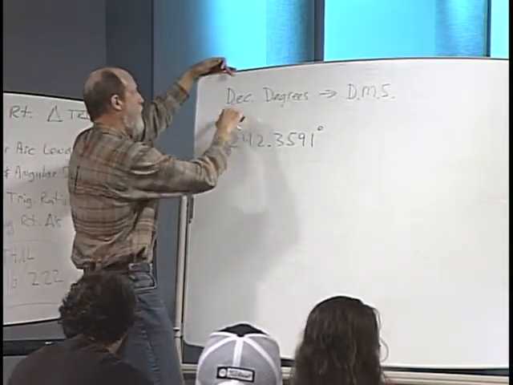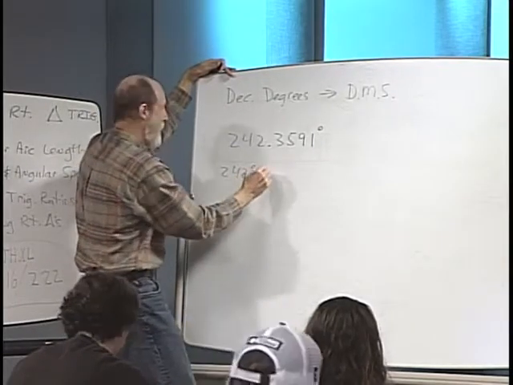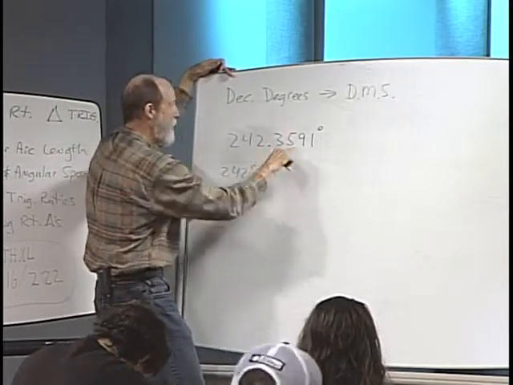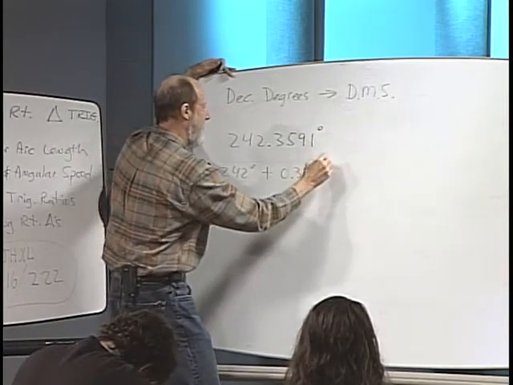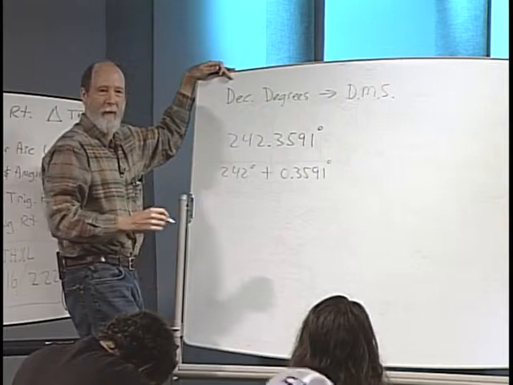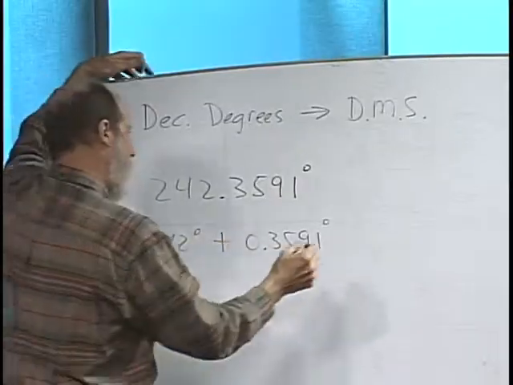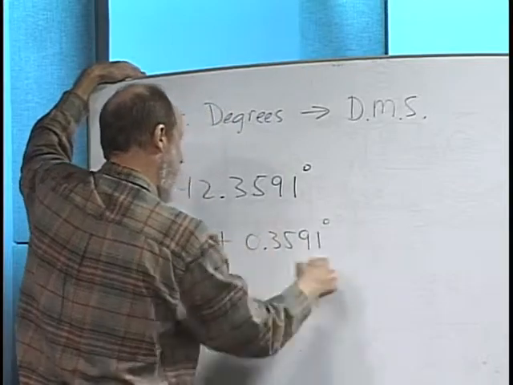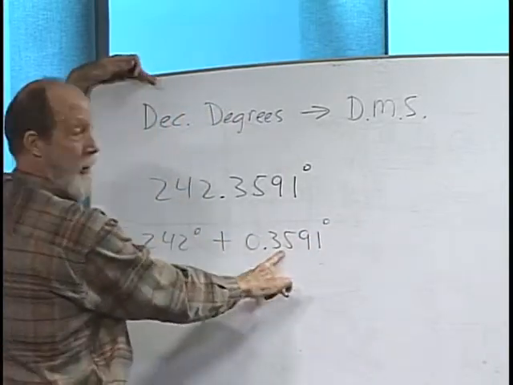So here's how you do this conversion. We take 242 degrees, and we're going to add to it the decimal portion, which we separate out. Then we convert this decimal portion in degrees. That's a little more than 1/3 of a degree.